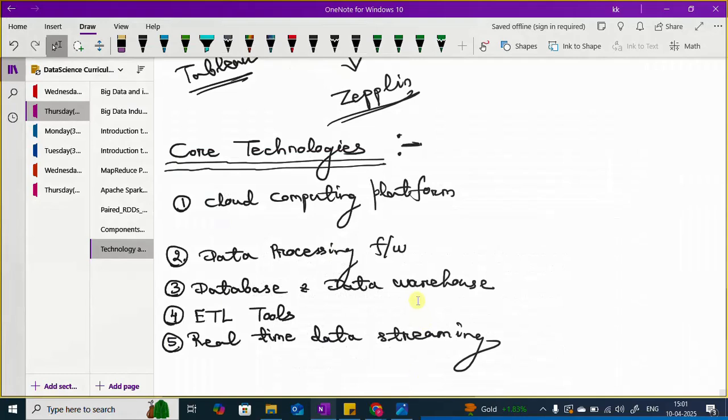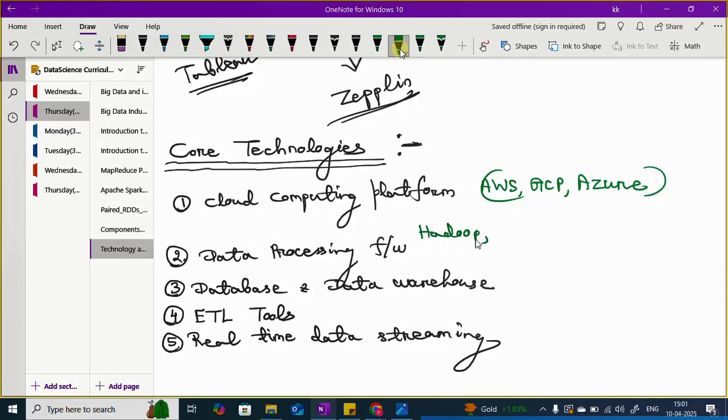Now, coming to cloud platform, as you know, it may be AWS cloud, GCP cloud, or Azure cloud, or any other cloud we are using. Coming to data processing framework, we are using either Hadoop, Spark, or Flink. These are the different frameworks we use as part of data processing.